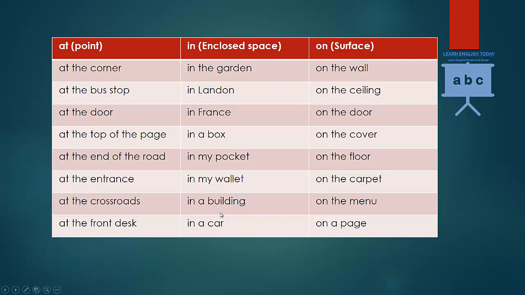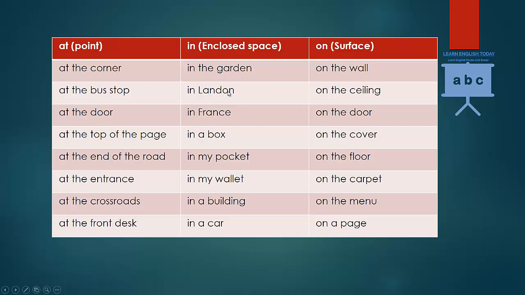Good. Look at this chart. The first column, at. For example, at the corner, at the bus stop, at the door, at the top of the page, at the end of the road, at the entrance, at the crossroad, and at the front desk. They are points, so we use at. The next, in. For example, in the garden, in London.